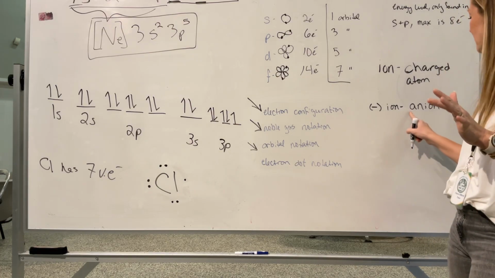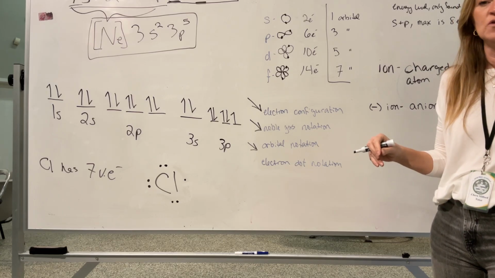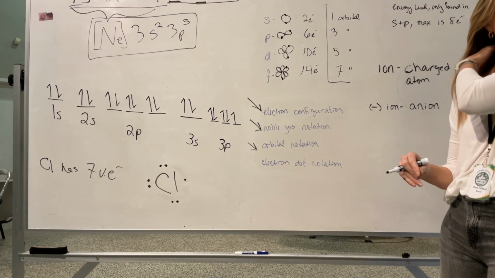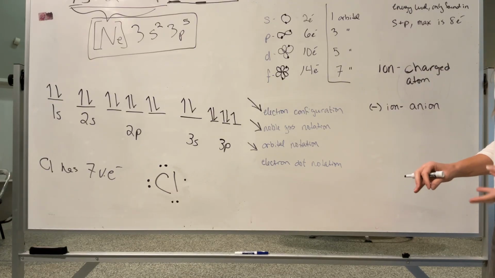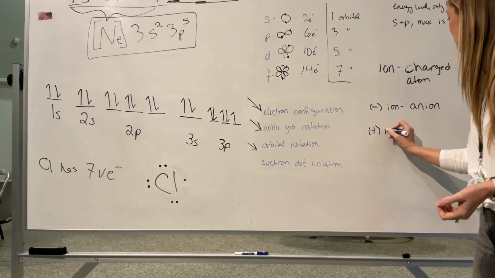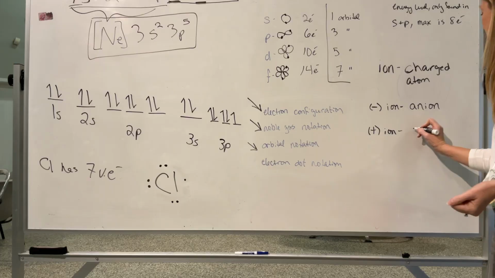An usually means like the withdrawal of or lack of. So it's basically saying this is a negative, it's got a negative charge. A positive ion, do you guys remember what that one was called? It's called a cation.